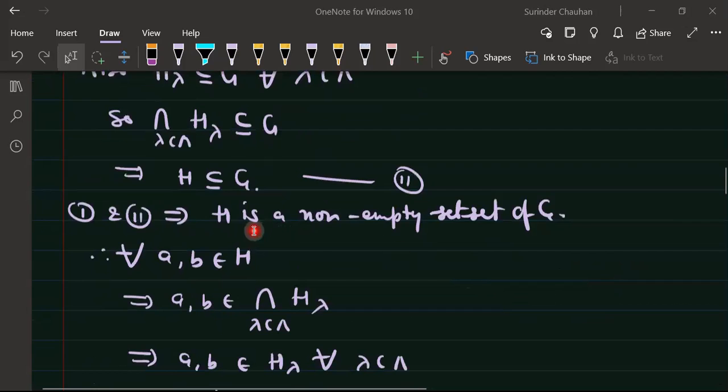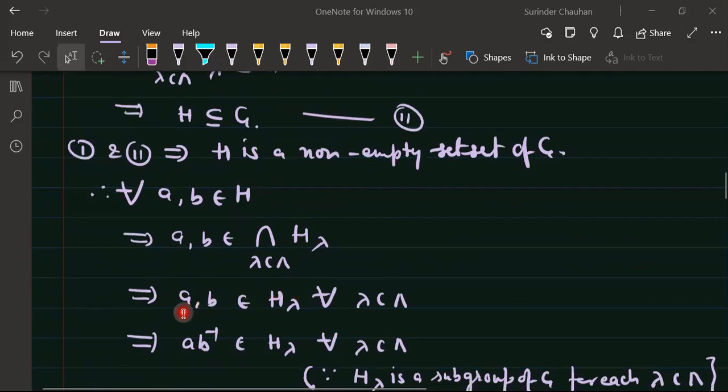For that, we have to show that for a, b belonging to H, ab inverse belongs to H. Now for all a, b belonging to H, this implies a, b belong to the intersection of H lambda, lambda belonging to capital lambda. This implies a, b belong to H lambda for all lambda.